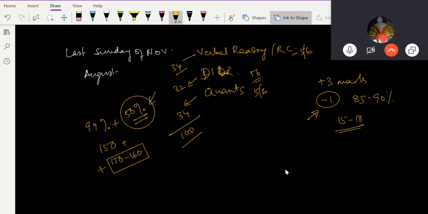This 50% means that we are talking about getting 50 questions right. Now, this is only part of the story, and there is a larger part of the story which I'm going to come to.